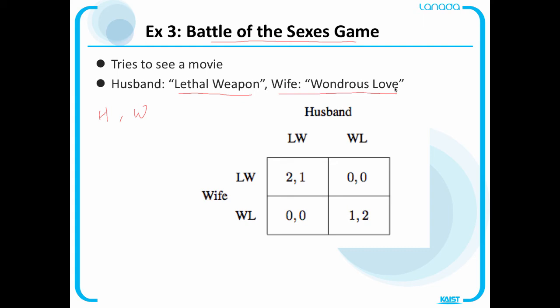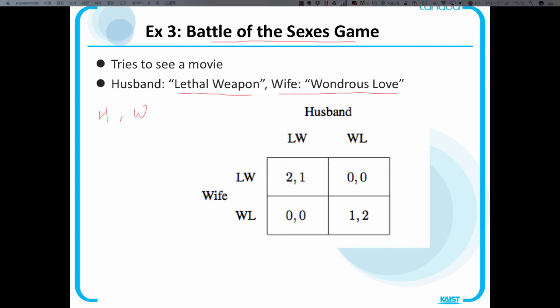For example, in this game, each person has to choose their preferred movie.